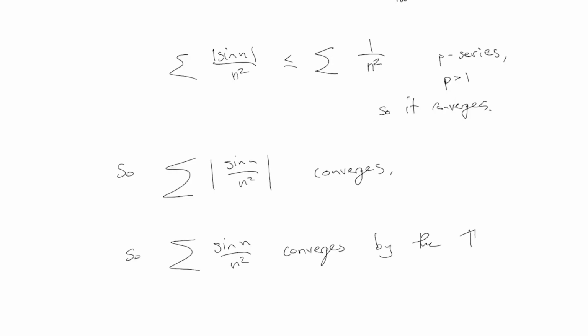The theorem says if the absolute value one converges, then the one without the absolute values converges. And this is the point of this theorem. It's so that you can use comparison tests in certain situations when the things are not all positive. You just pretend like they were all positive by taking the absolute values.